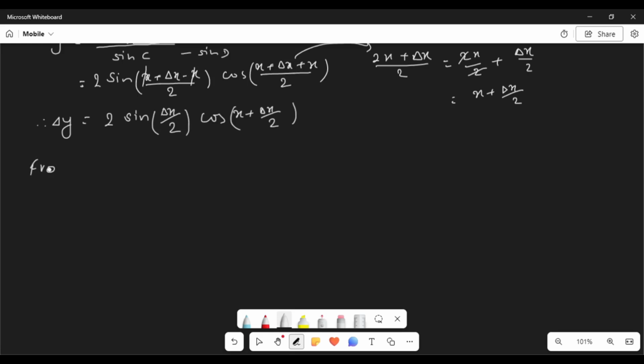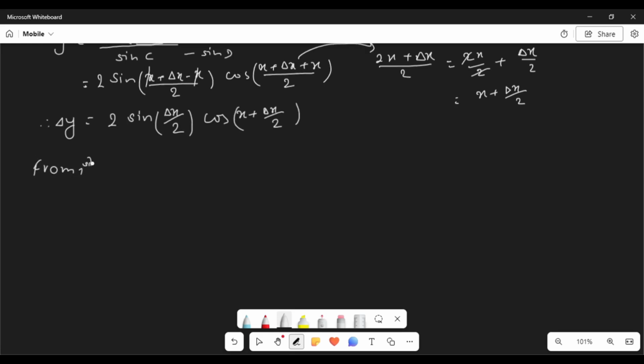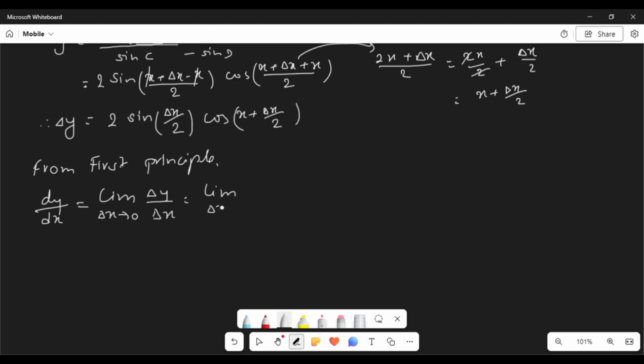So from first principle, and let me write it in full words. From first principle, dy by dx is equal to, we just write down the definition, and now we replace del y. del y is this term here.